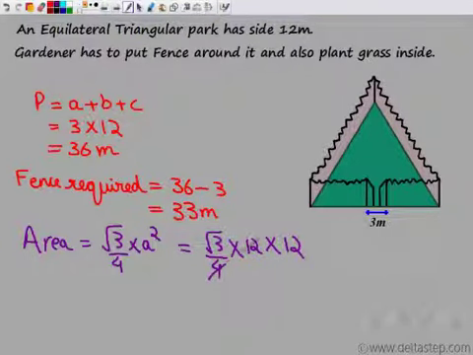So 4 in 12, 3, 4 3s are 12. So I get 12 into 3 is 36, 36 root 3 meters square. So this is the area and this is the perimeter or the fence. Perimeter is 36, but for fence you need to subtract an extra 3. So this is the fence that is needed, whereas this is the grass that you'd need to cover the park.